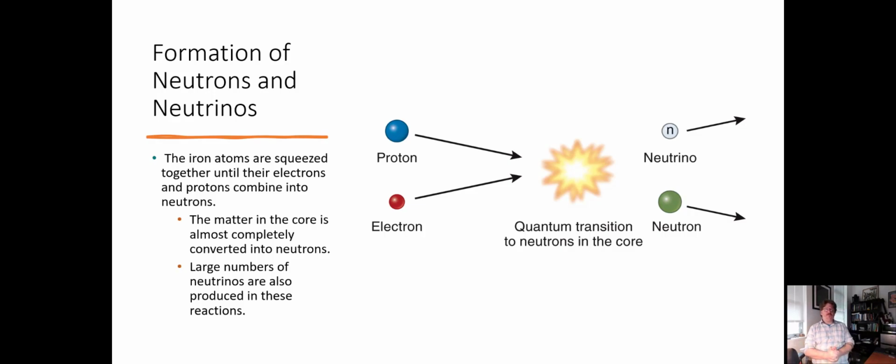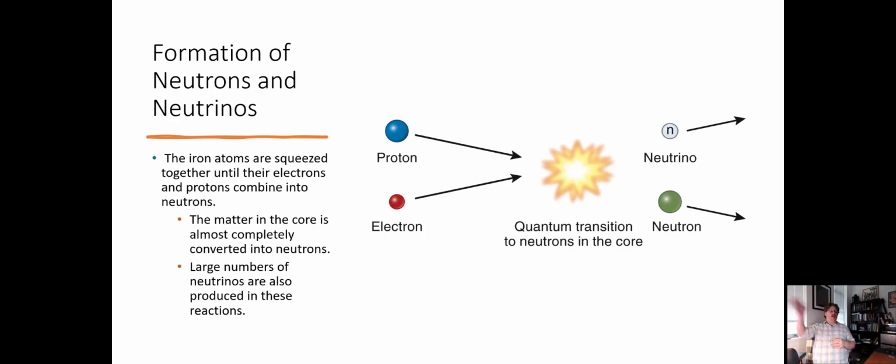Now, how does this work? As I said before, you might be asking, well, aren't the electrons unable to occupy the same space at the same time? Well, the contraction, the force or the pressure is such that it actually causes the electrons to smash down into the nuclei. And when it does so, the proton will combine with the electron and turn into a neutron.